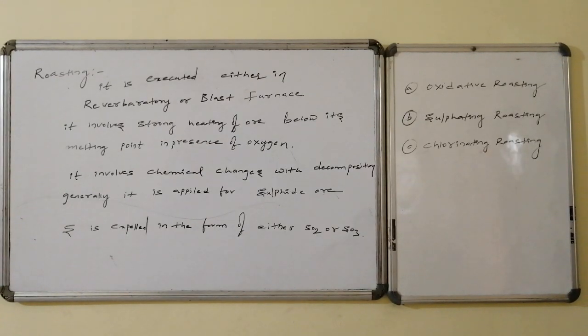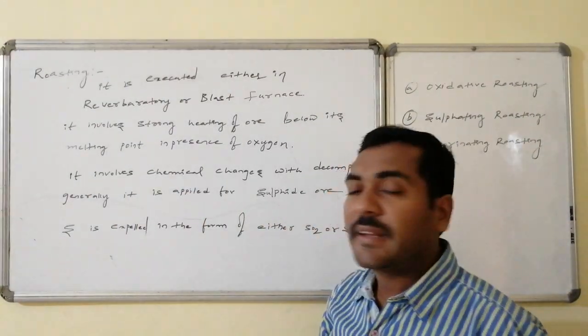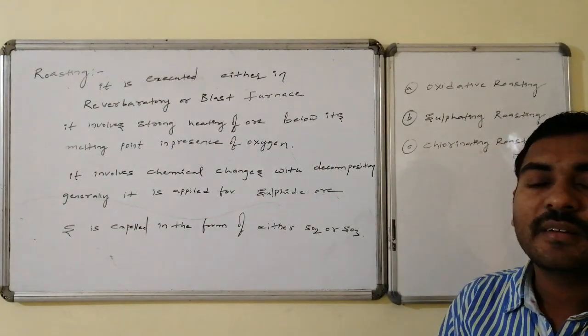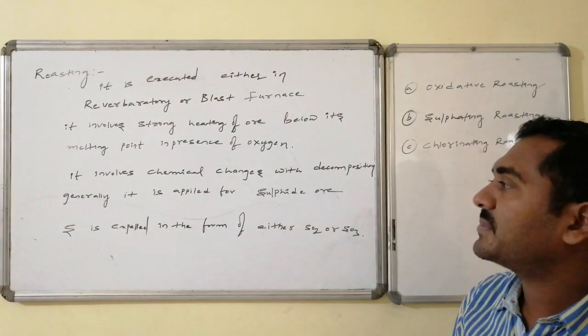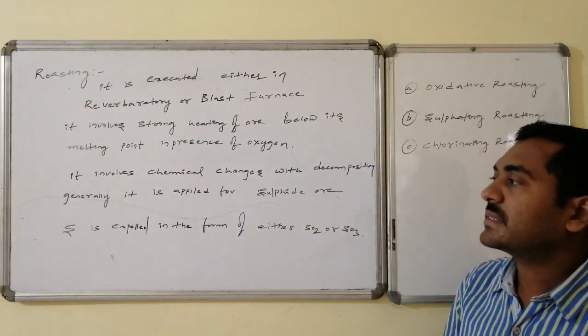The second method is roasting. It is executed either in a reverberatory furnace or in a blast furnace. It involves strong heating of the ore below its melting point in presence of plenty of oxygen. It involves chemical changes with decomposition.